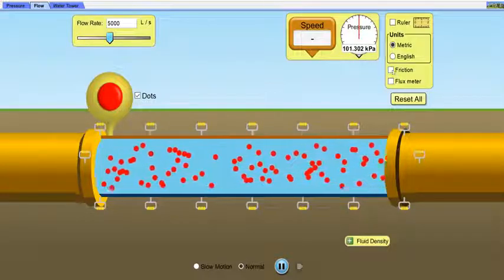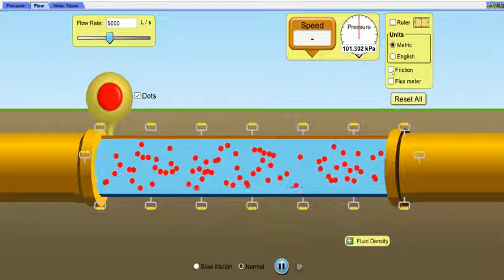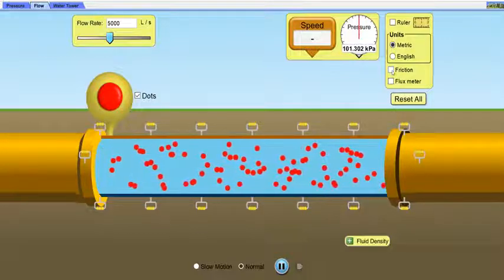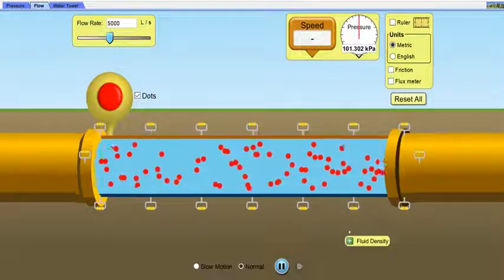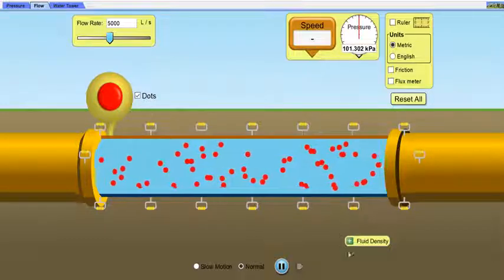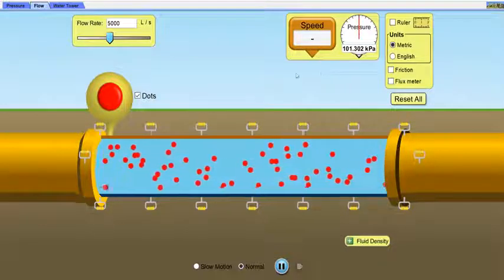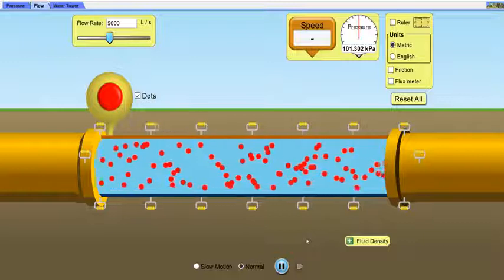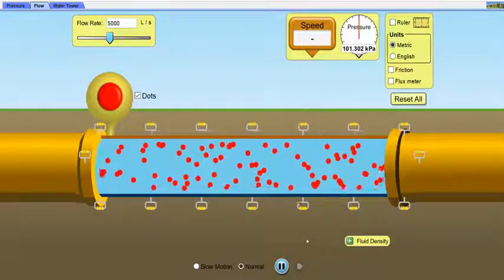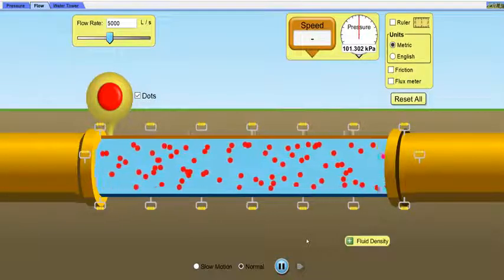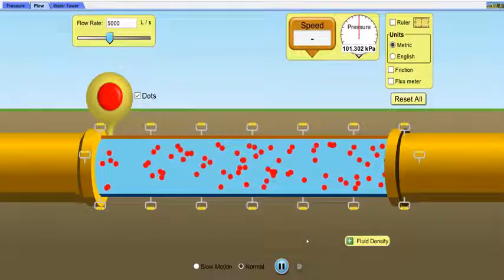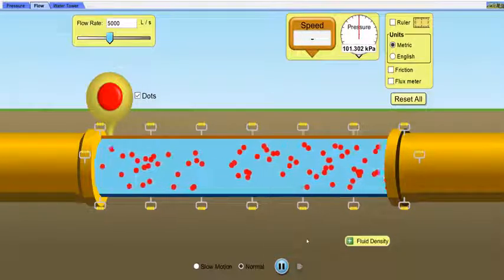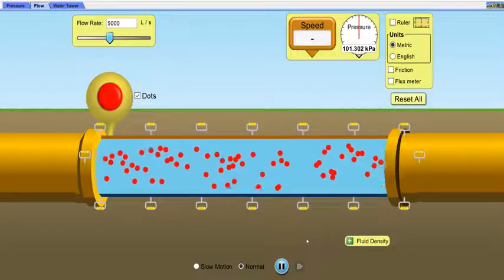We will see it without friction and by adding friction to this fluid. We will also vary the fluid density and will see how it affects various parameters. We will also learn here how the velocity of the fluid is affected when we change the cross-sectional area of this pipe. So let's see all these concepts by this demonstration.